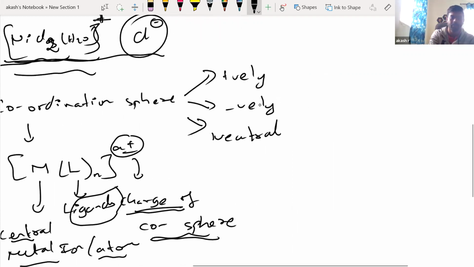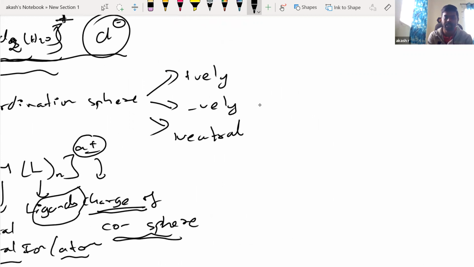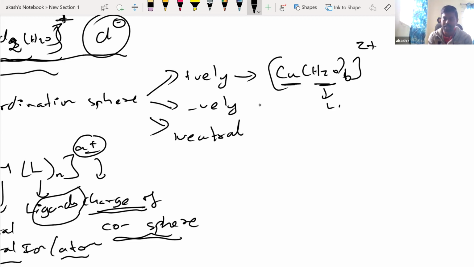If I have to give you some examples, say I write [Cu(H2O)6]2+ for positive. Copper is your metal, H2O is your ligand, and this 2+ indicates that it is positively charged.